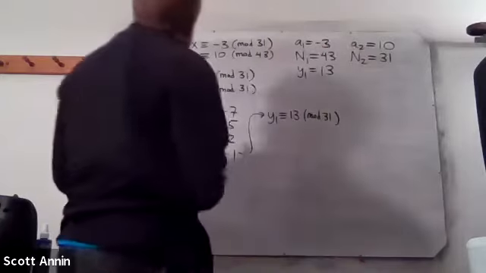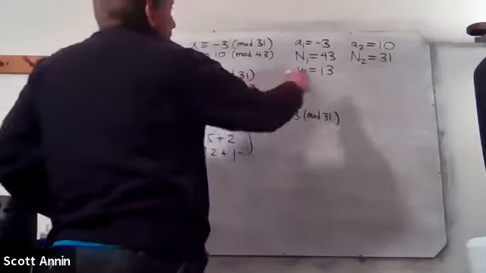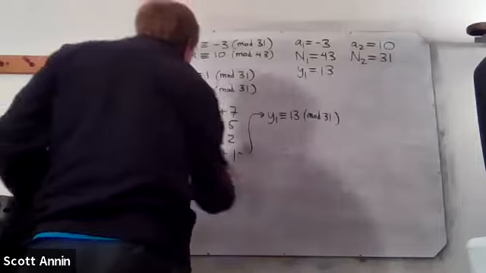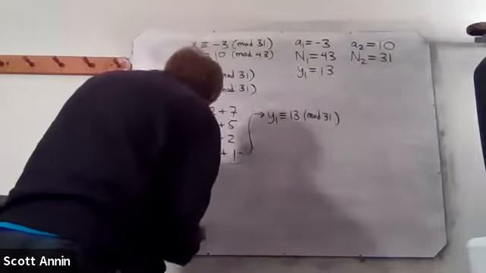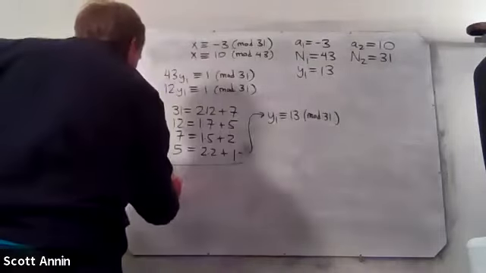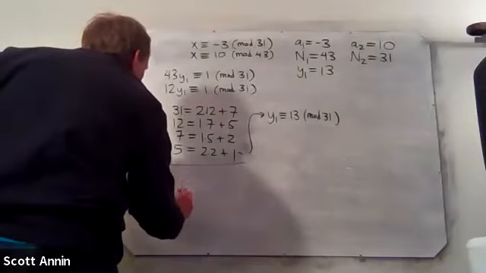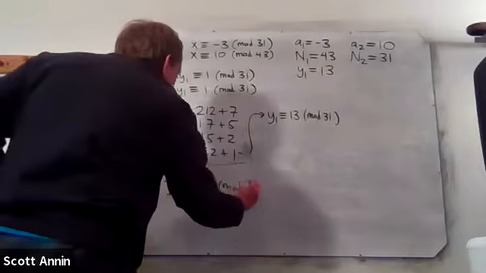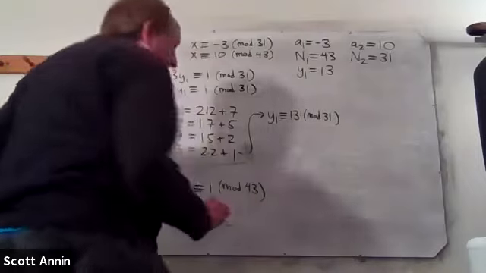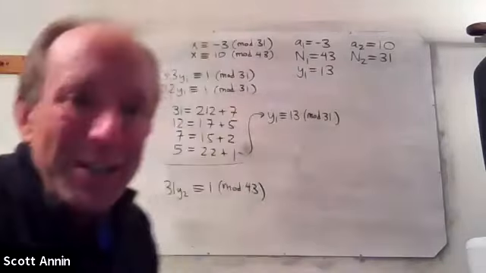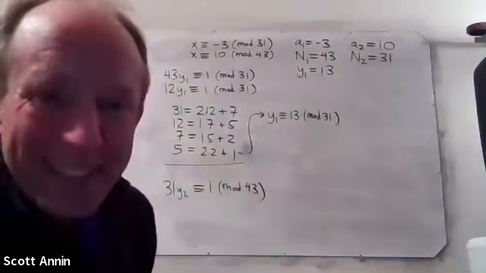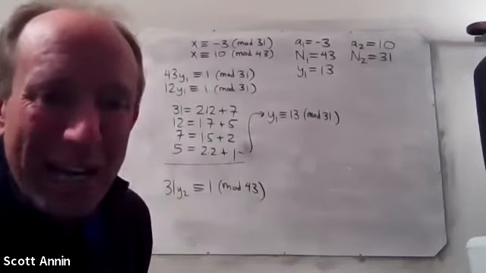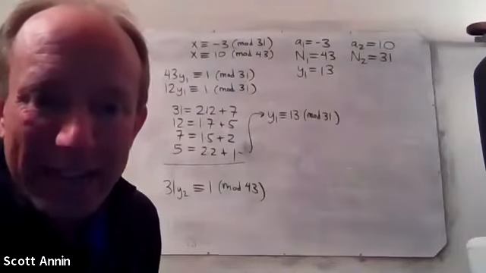Okay, and then the second one, over here for y2, on that one we have 31 y2 congruent to 1 mod 43. And so again, we have to solve this linear congruence. And again, if you don't mind, I will just save the headache of that.